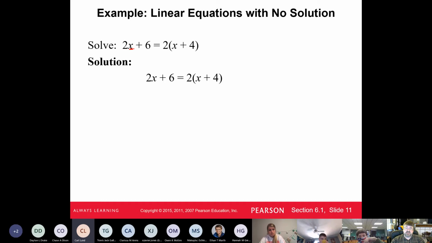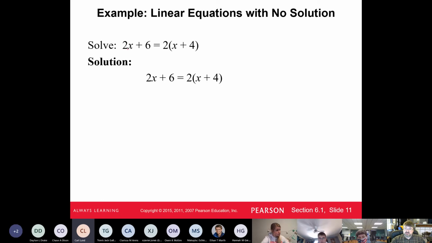In other words, there is nothing that we could replace x with that will make this statement true. There are no solutions to this particular equation. The third case we'll also talk about today. In the third case, all numbers are solutions. In that case, no matter what number we plug into x, the equation will always be true. And we'll see that as well.